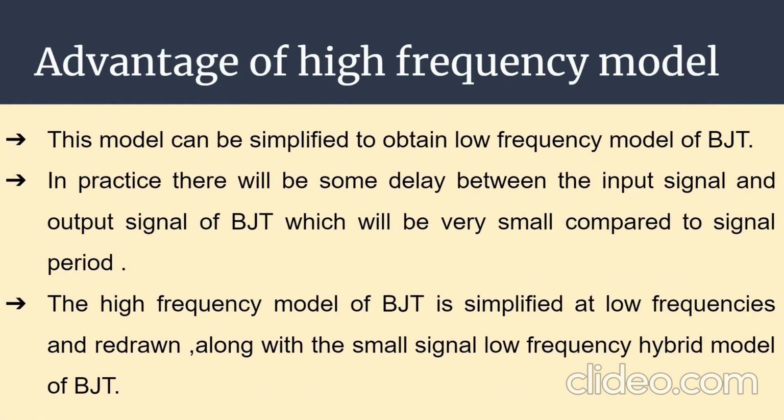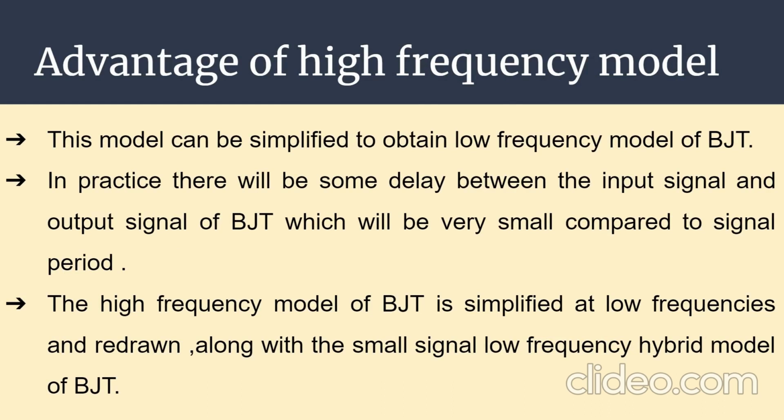So now it's time to look into the advantages of this high frequency model. The main advantage is that the model can be simplified to obtain the low frequency model of BJT, and this is done by eliminating capacitances from the high frequency model so that the BJT responds without any significant delay to the input signal.